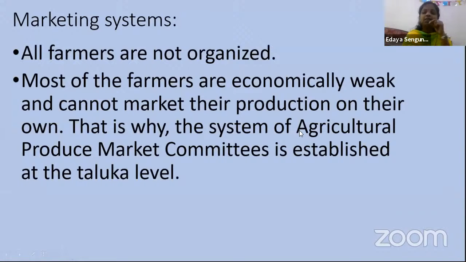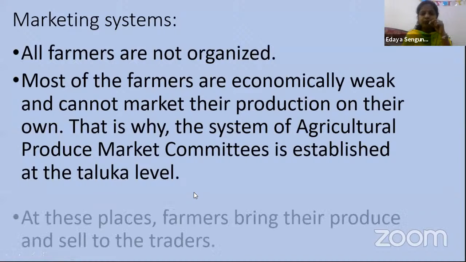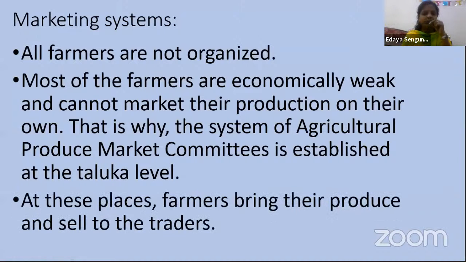That is why the system of agricultural produce market committees is established at taluka level. So at taluka level, market committees are established where farmers can sell their products, and from these market committees, shopkeepers buy and then they sell to the public.